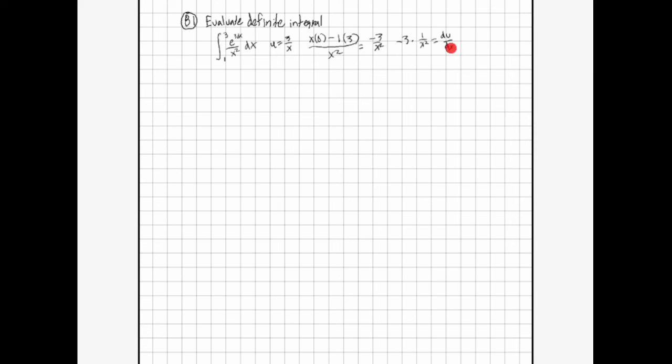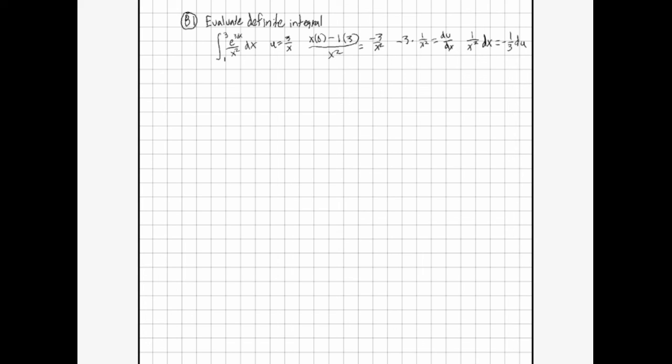So what I do is I multiply dx over to here, and then I divide negative 3 over to here. So I should get 1 over x squared dx equals negative 1/3 du.